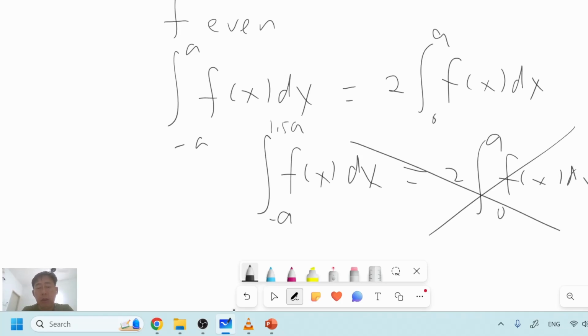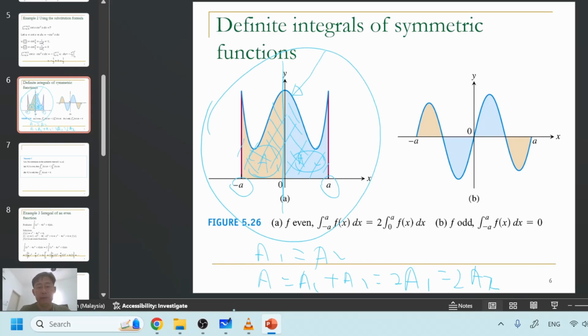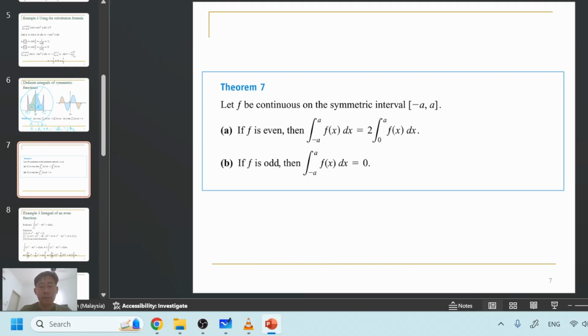This is wrong because the rule for the even function can only be applied if you are integrating from minus a to positive a. If the lower limit and upper limit are not the same except for a minus sign, then you cannot apply this very simple formula. So this is the integration of an even function from minus a to a.